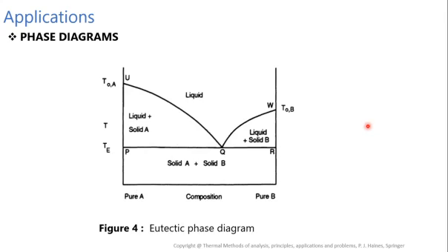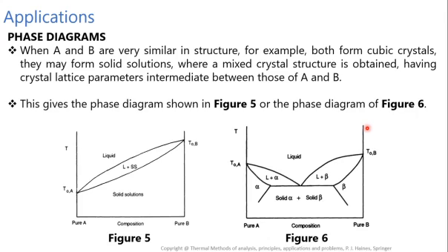It indicates the eutectic temperature. This is solid A, solid B, and this is the eutectic phase diagram. At this point the eutectic point occurs.